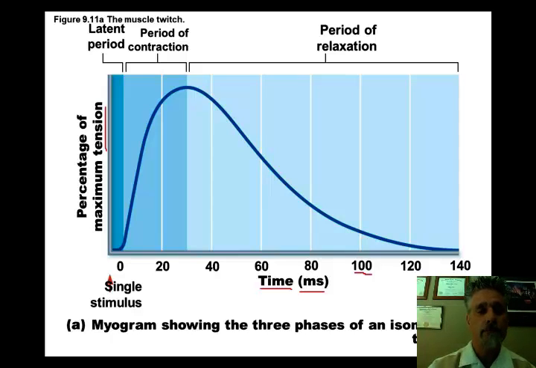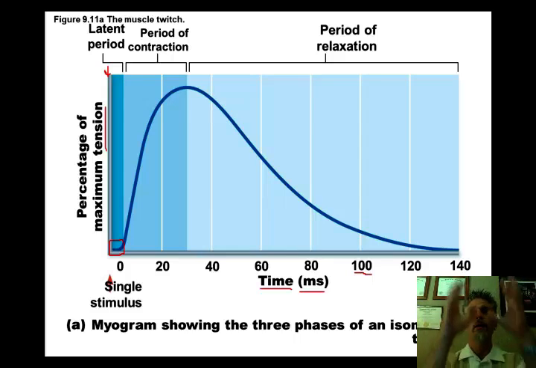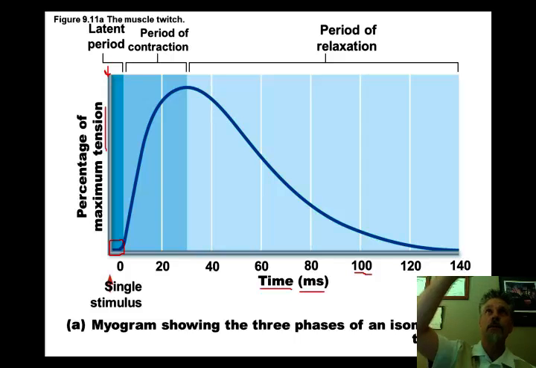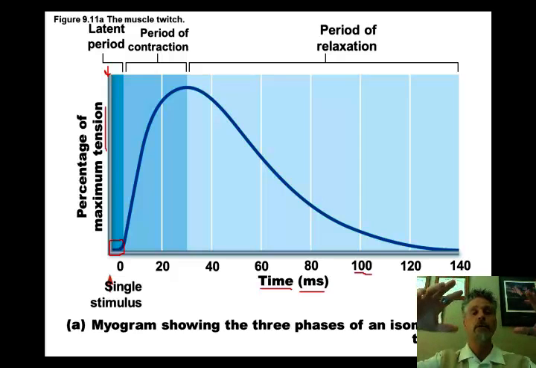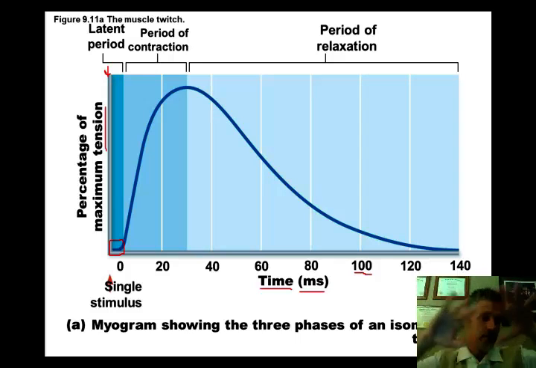So what we're seeing along this area right here, where it's in dark blue, is that we have stimulated the cell, right? Because we stimulated at time 0 right here. We've stimulated the cell, but we're not seeing any tension. So this is where that whole mechanism that we talked about takes place: stimulating the cell with neurotransmitters diffusing across the cleft, generating an action potential with our different types of sodium channels, spreading along the surface, going into the T tubules, calcium being released.